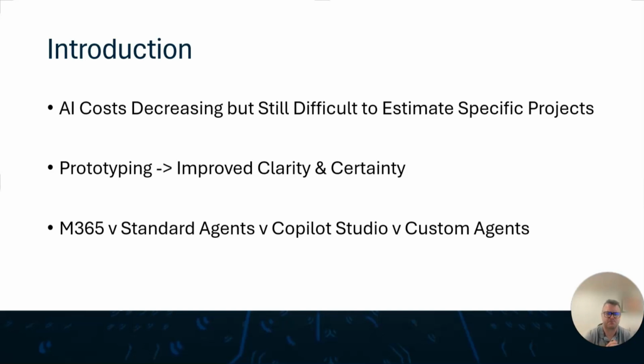I also think it's important to talk about the type of solution because that has an impact on cost. A lot of folks are starting to dabble in M365 Copilot. The cost of that is really just the basic license, which is $40.70 Canadian or $30 USD per month, on an annual commitment.